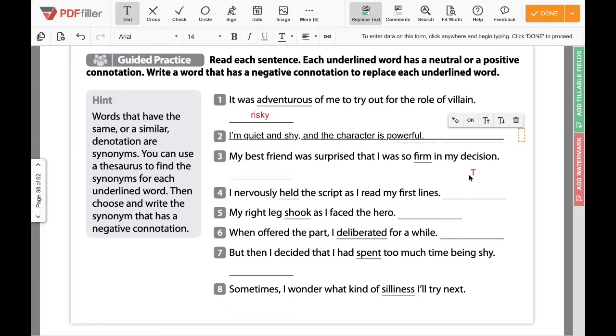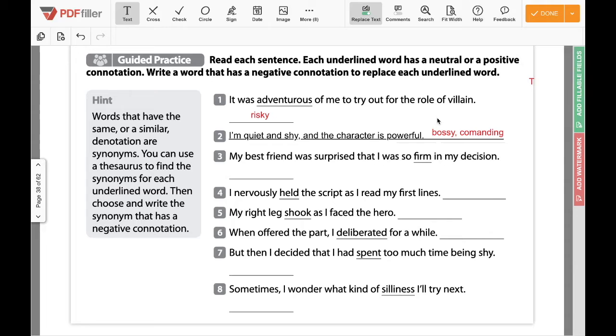So another word we could use for powerful could be bossy or commanding, things like that. So we see that this means the same thing. Powerful can mean the same thing, but typically we take bossy and commanding in a more negative light than we would powerful.